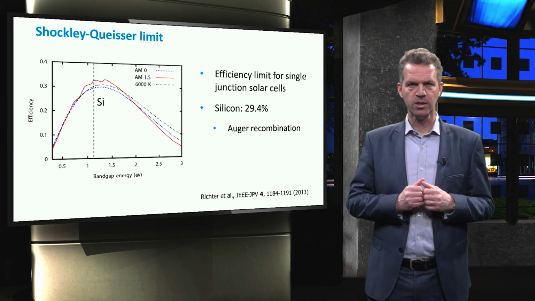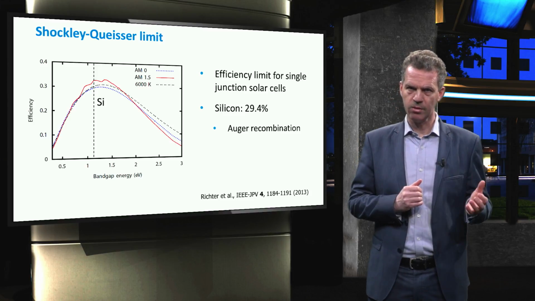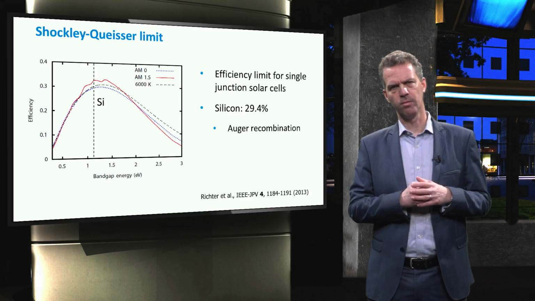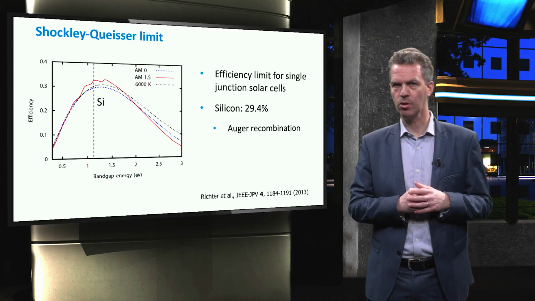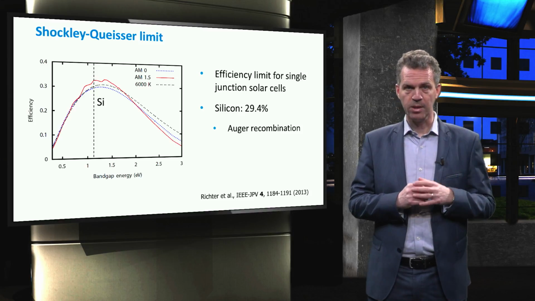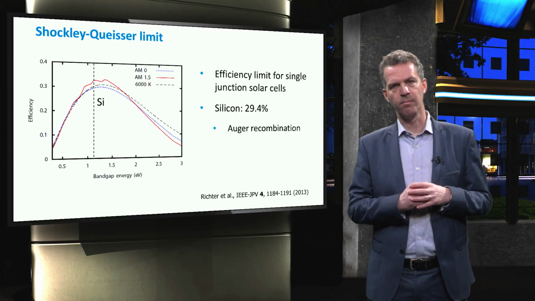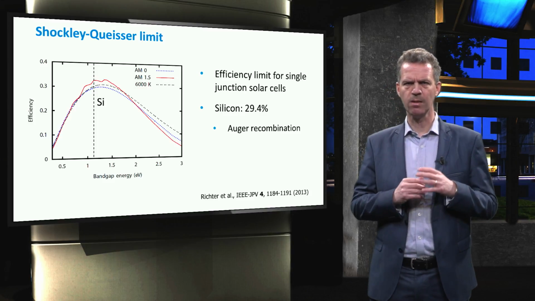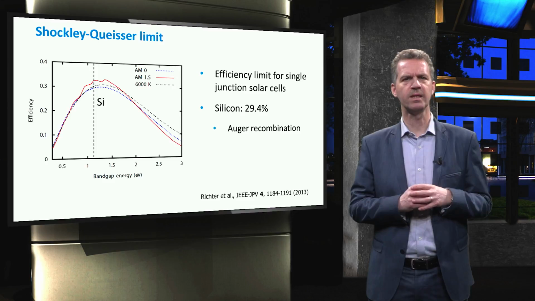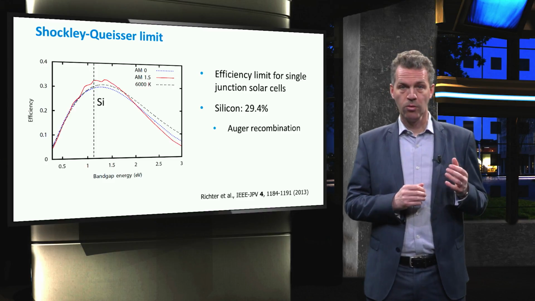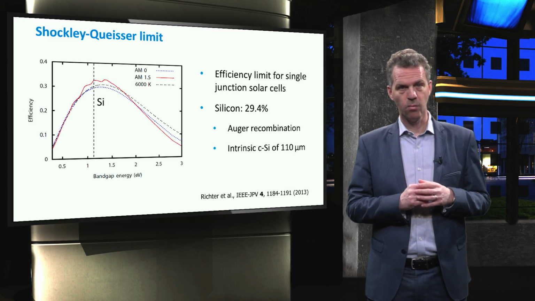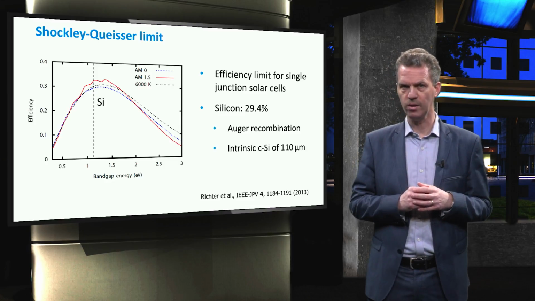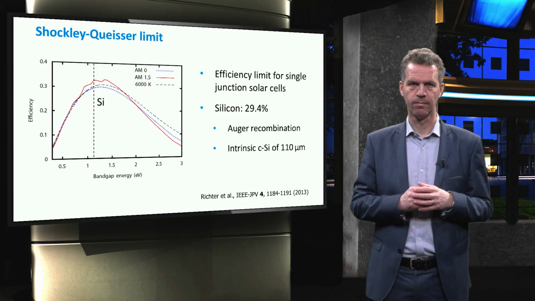This lower efficiency limit is obtained by taking into account Auger recombination rather than radiative recombination only, as is done for the Shockley-Queisser limit. In particular, in an indirect bandgap material like crystalline silicon, the Auger recombination mechanism is important and should be taken into account. To achieve this limit, the crystalline silicon wafer should be intrinsic and should have an optimal thickness of 110 micrometers.